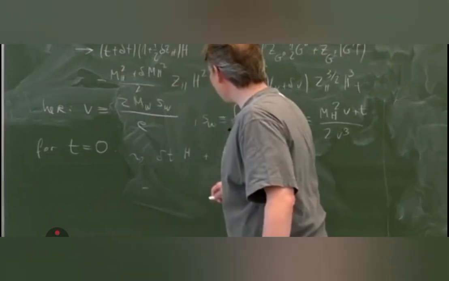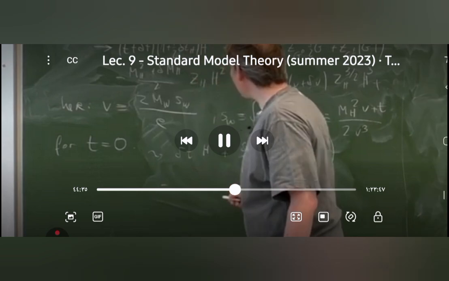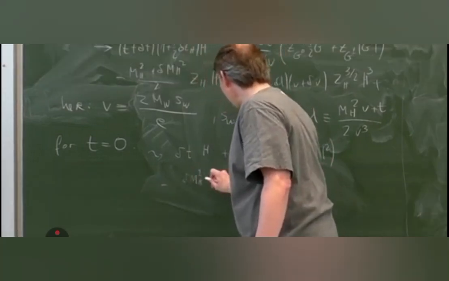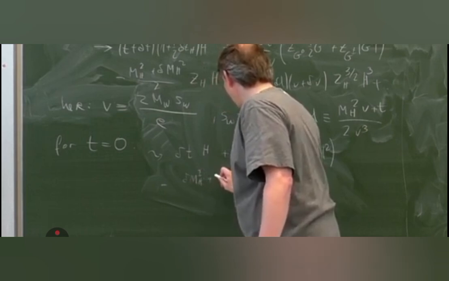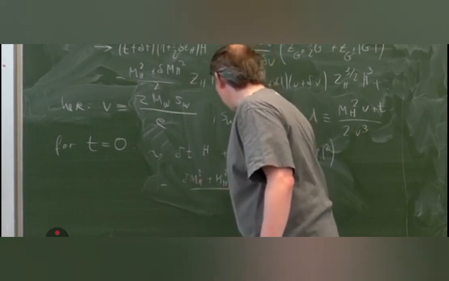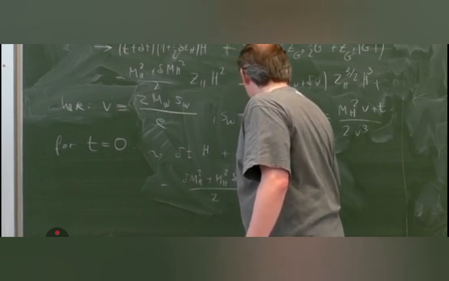And for the Higgs mass, it behaves essentially in the normal way. So we get delta mh square plus mh square times delta zh, divided by 2 times the Higgs field square.